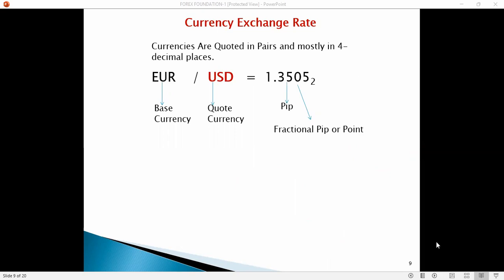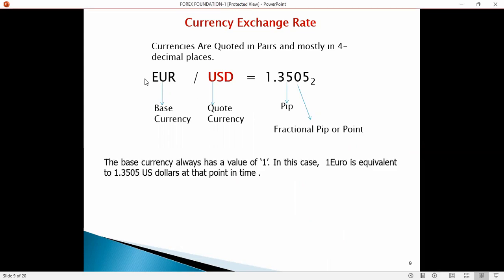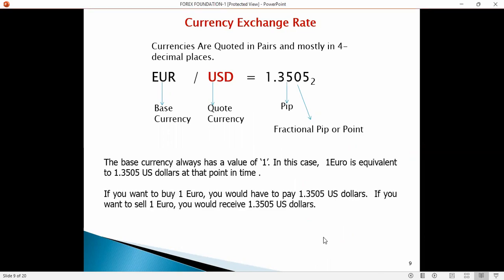This is a crucial aspect: currency exchange rate. So pay more attention. Just like I've explained, the base currency has a value of 1. In this case, 1 euro is equivalent to 1.3505 US dollars at that point in time, by the time this slide was prepared.